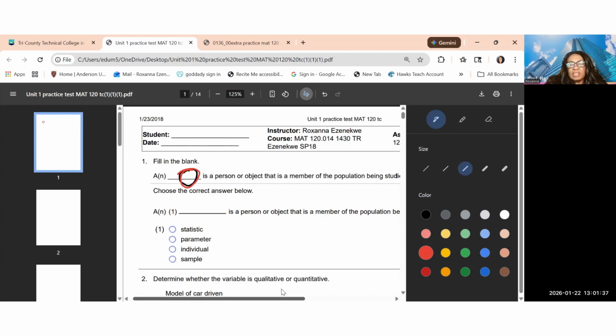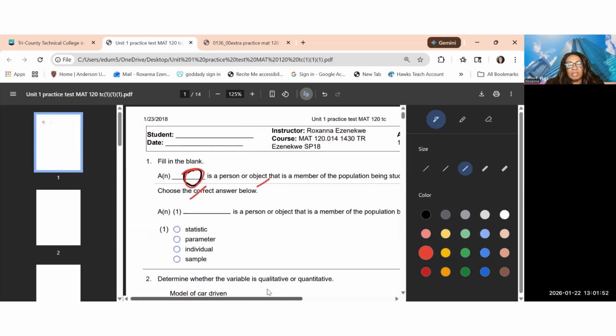It says a dash is a person or object that is a member of a population being studied. Any member of a population being studied, is this a statistic? No. Is it a parameter? No. Is it an individual? Yes.